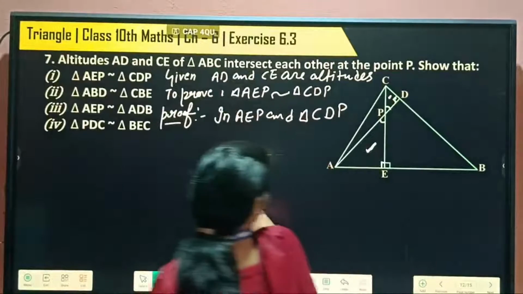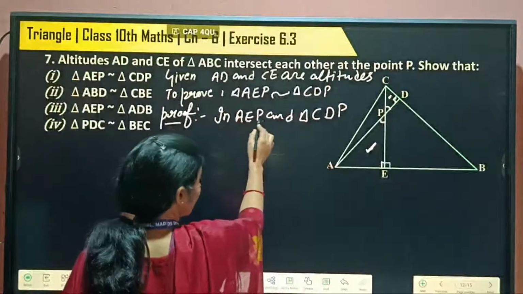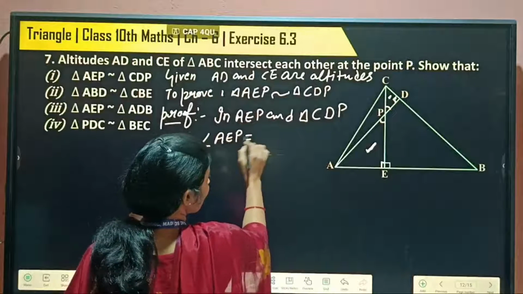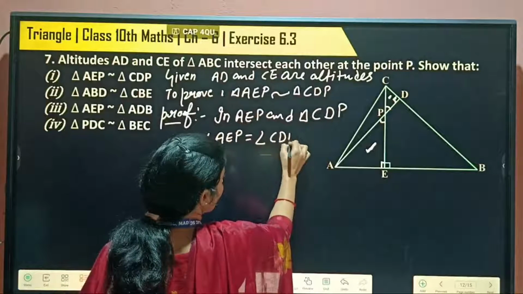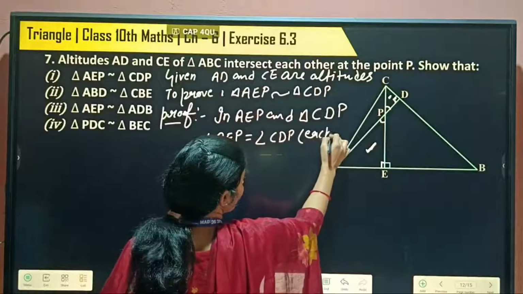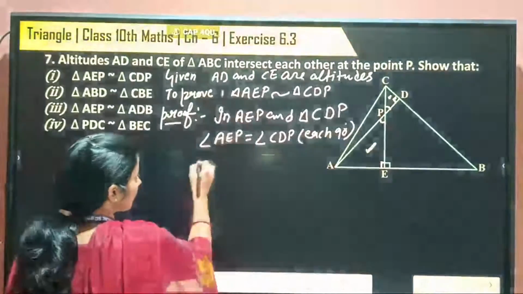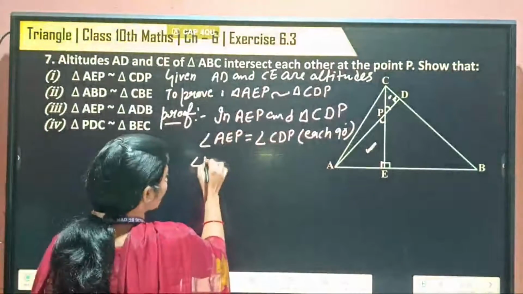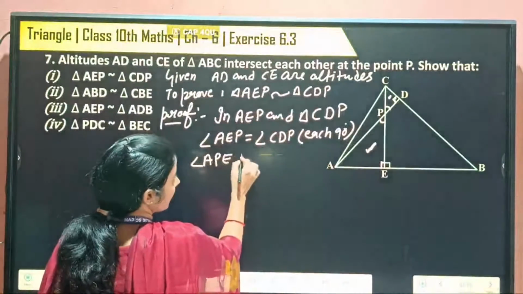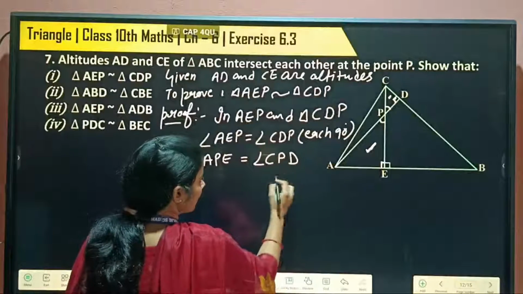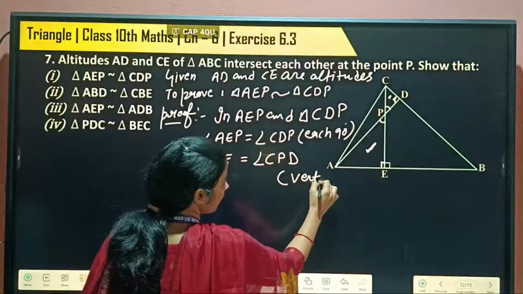What will you write? In triangle AEP, angle AEP equals angle CDP. You will write each 90 degrees. Reason is each 90 degrees. And in triangle AEP, you will write angle APE equals angle CPD.